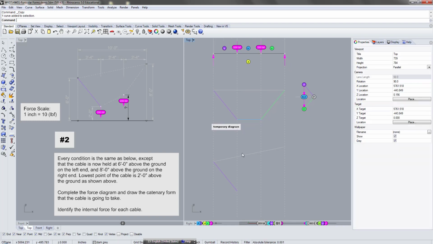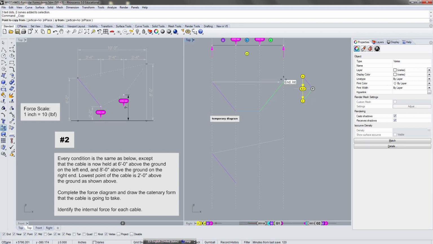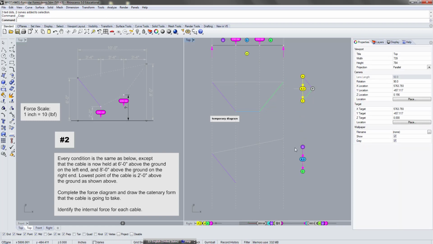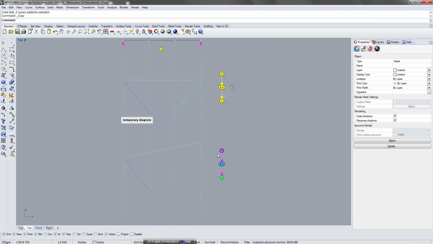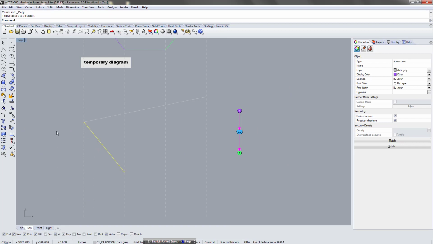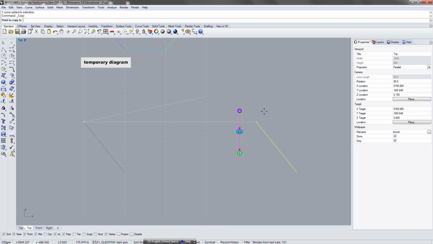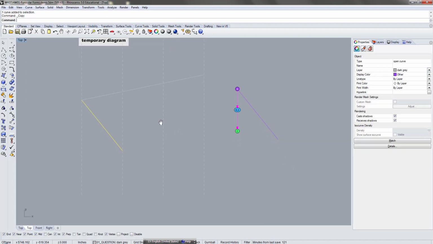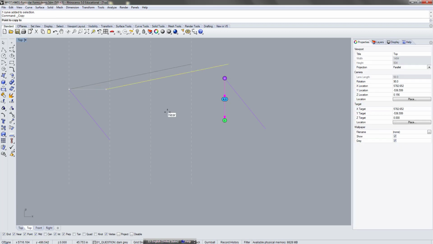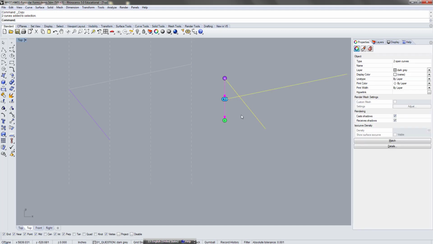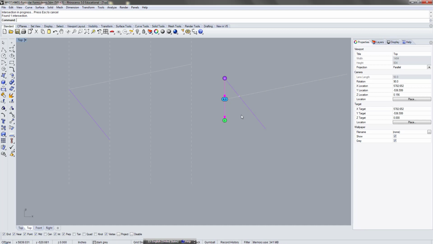Then, following the same process, I'm going to copy that part of the force diagram. What we know is the purple portion should pass through point A and point P, and the closing line should pass through point D and point P. So from these two lines we can determine where the point P should be, which is at that intersection.